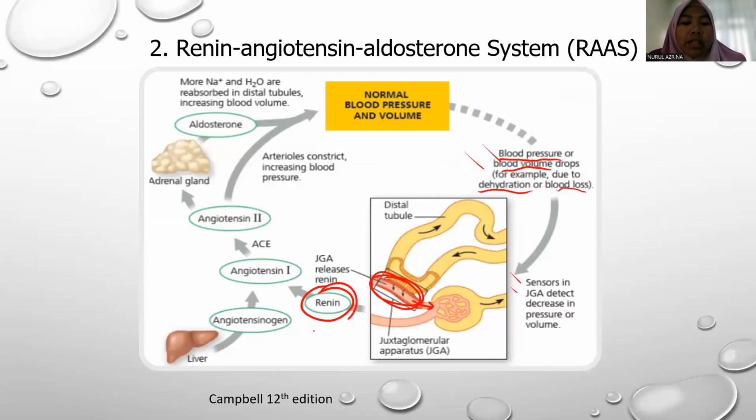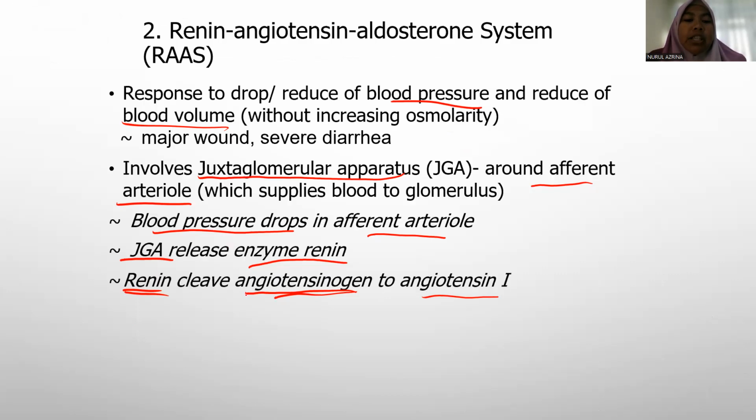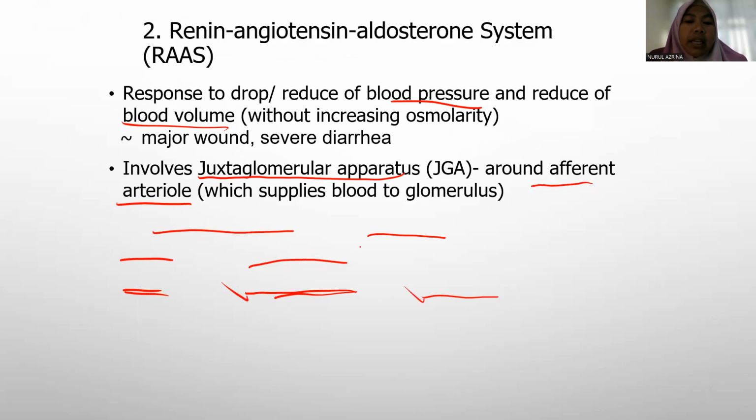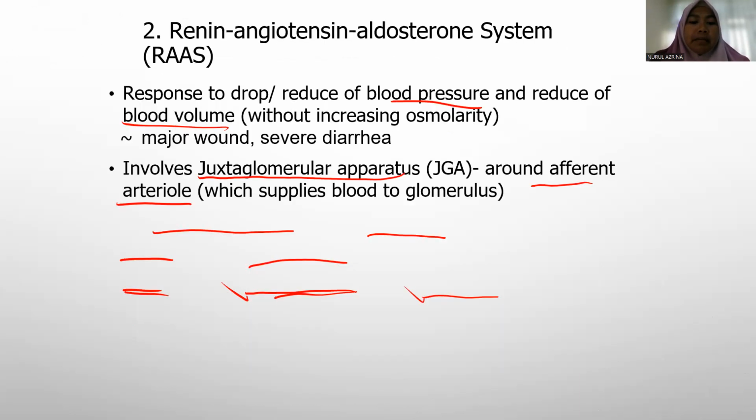Renin cleaves angiotensinogen to angiotensin 1. Here is angiotensinogen that came from the liver, to angiotensin 1.